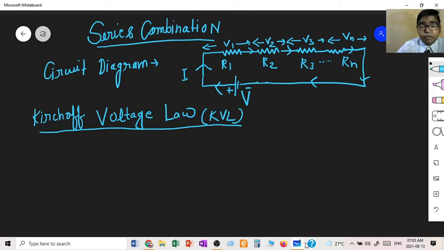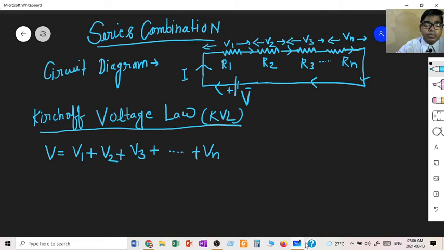According to that, the voltage applied in the circuit is equal to the sum of the voltage drops across all the elements. So capital V equals V1 plus V2 plus V3 plus dot dot dot Vn, where Vn is the voltage across the nth resistor.